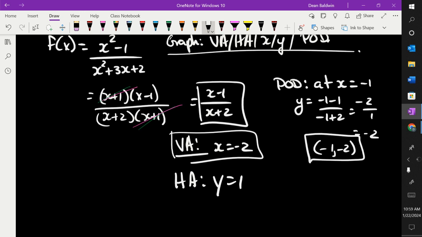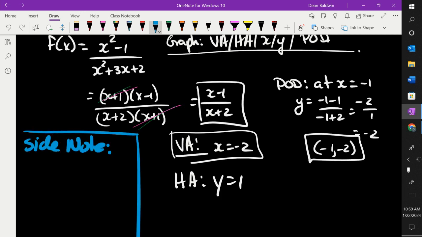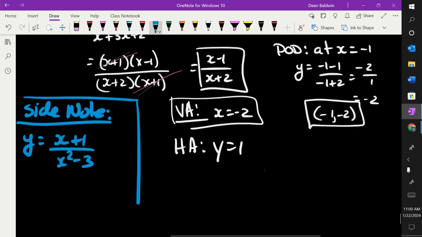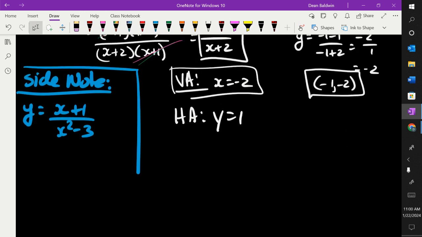Just as a side note, if they are not the same, what if you have x plus 1 over x squared minus 3? The bottom is a higher degree than the numerator. The asymptote is y is equal to 0.